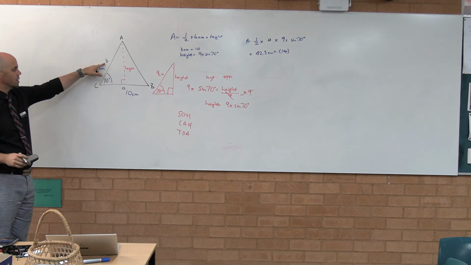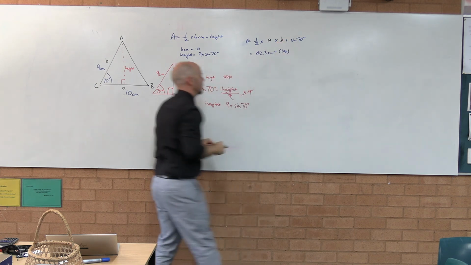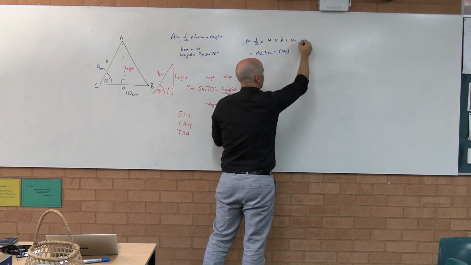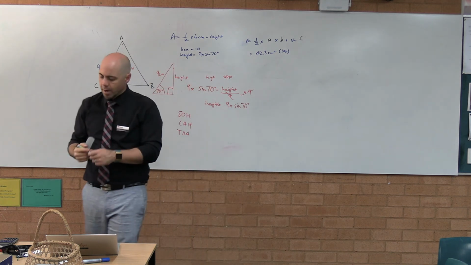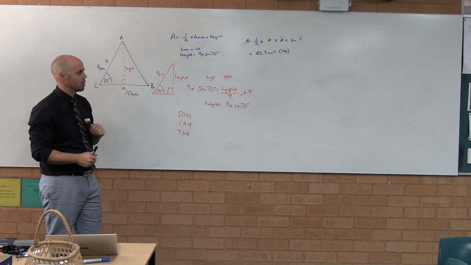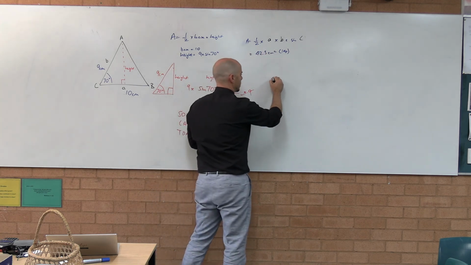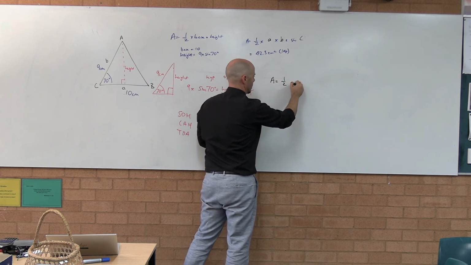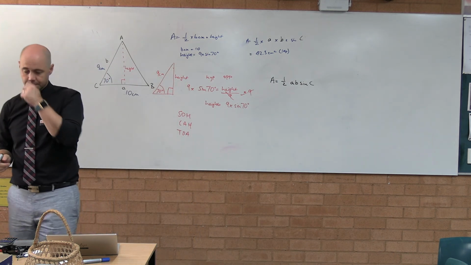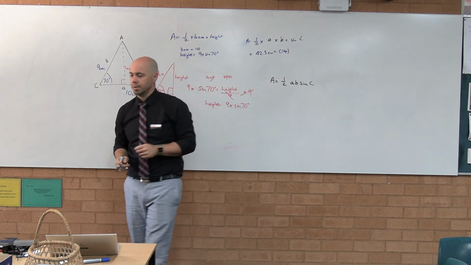Our 9 centimetres is the same as side B. And our 70 degrees was angle C. And when I replace those numbers with general letters to describe a side or an angle of a triangle, we end up with now this formula, which is the formula for the area of any triangle. Half times A times B times sine C.